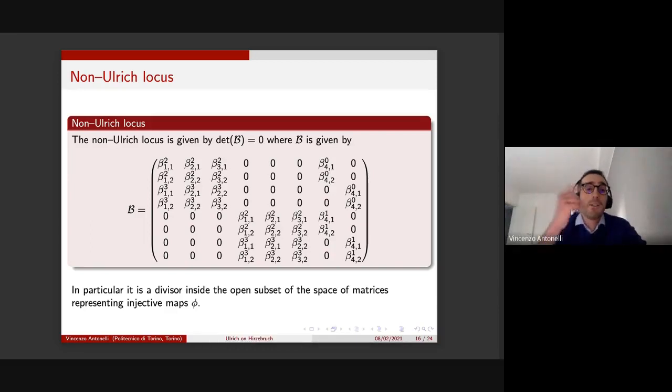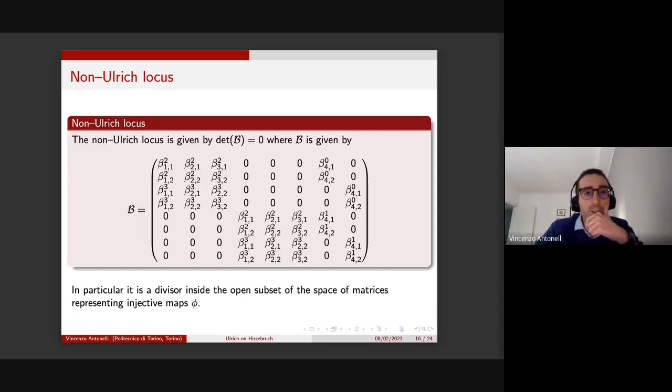In particular, you have this description of the non-Ulrich locus as a divisor inside the open subset of the space of matrices which represent injective maps. As soon as you consider other varieties or higher rank Ulrich bundles, the computations are a little bit more tedious, let's say. But in this easy case, you have this nice example.